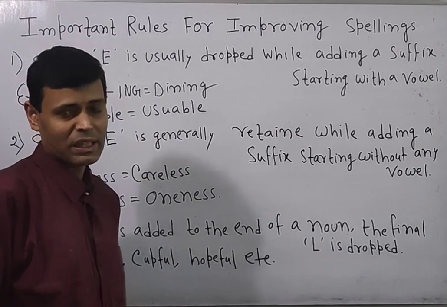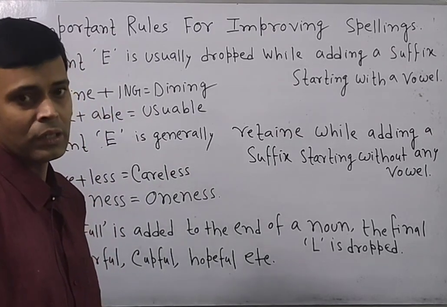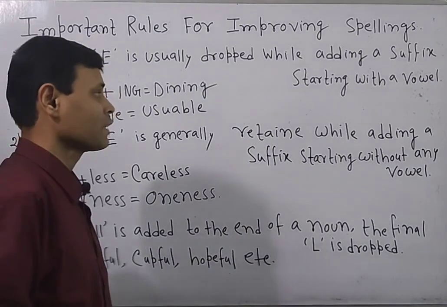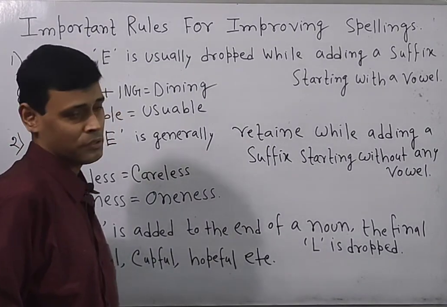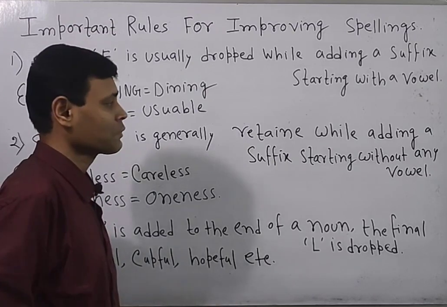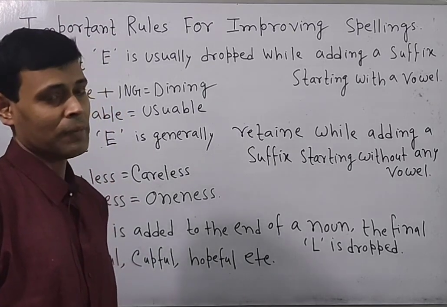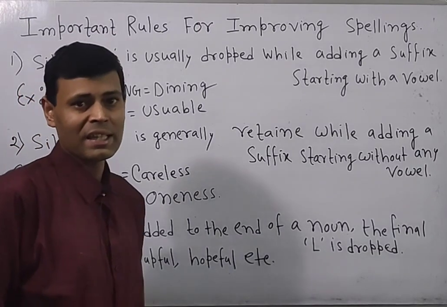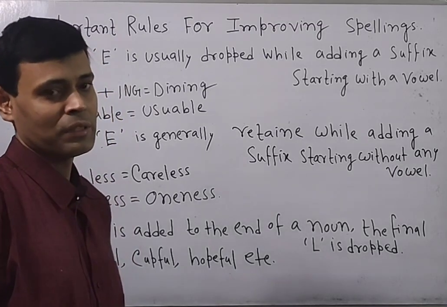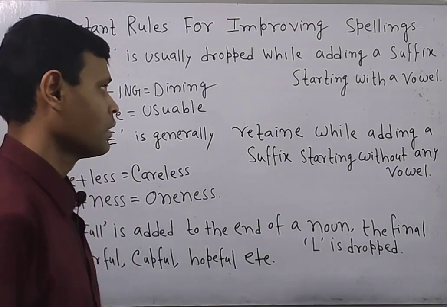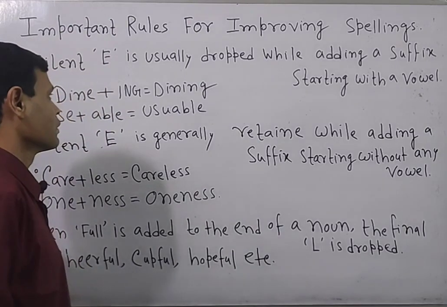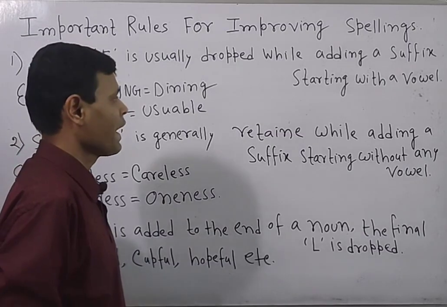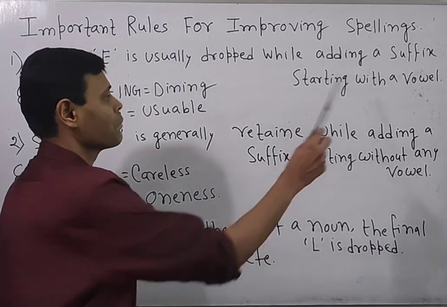Whenever a word ends in E, that E may be silent in nature, but when you are going to use some suffix, and the suffix starts with a vowel, there are 5 vowels, A, E, I, O, U, out of the 5 vowels, the suffix must start with any of them. In that case, E is usually dropped.